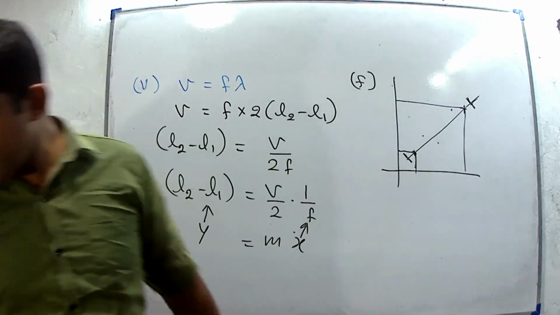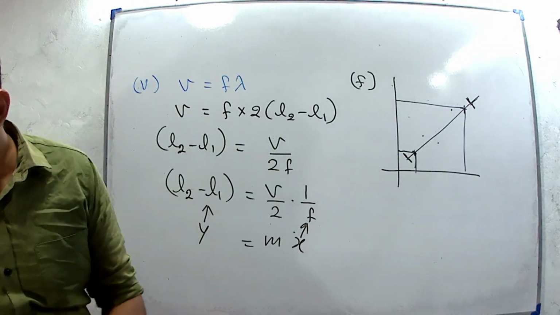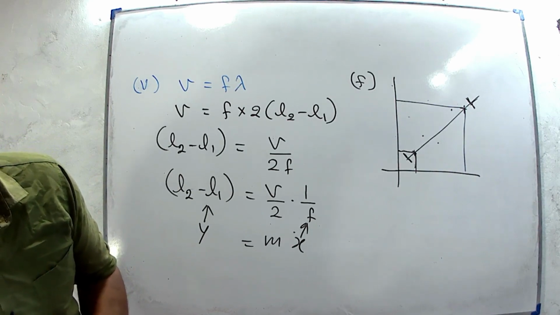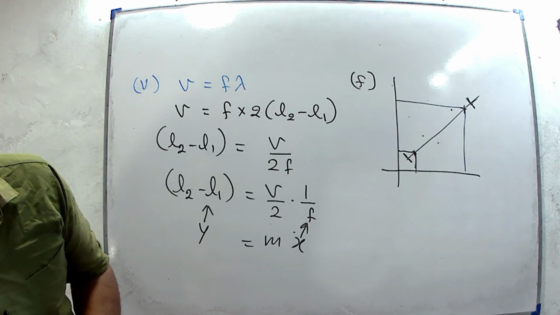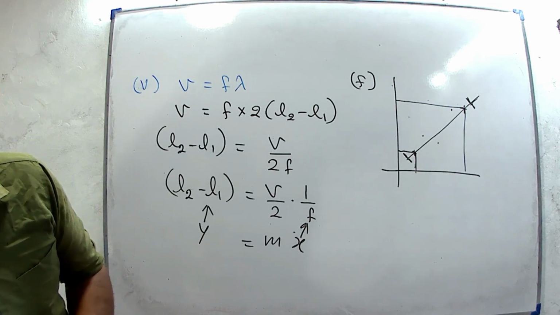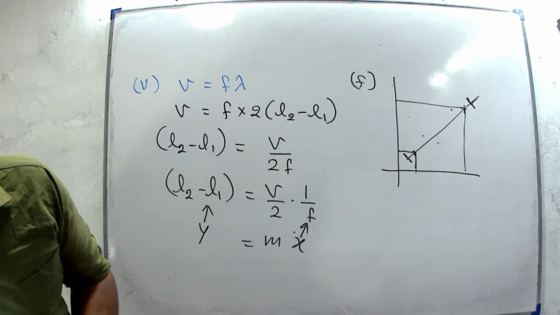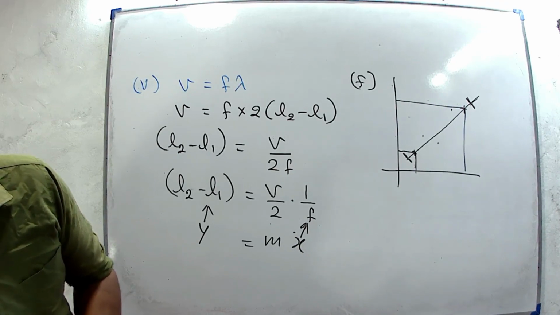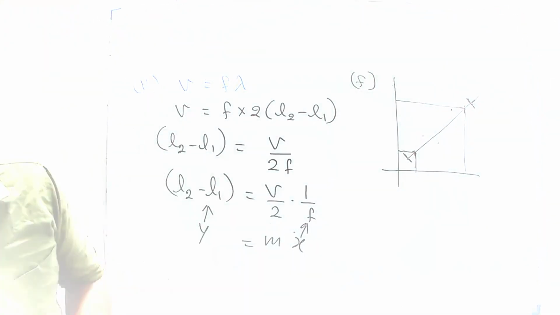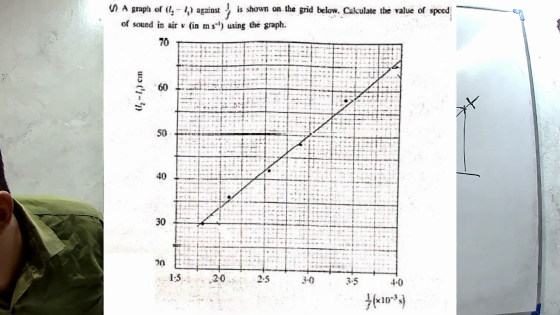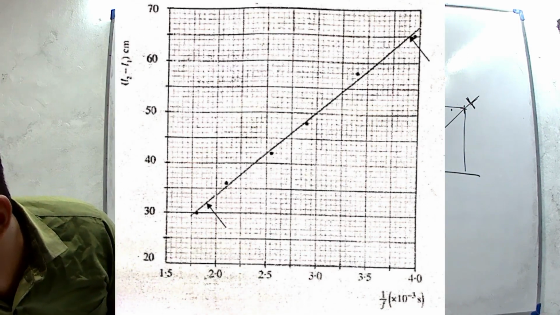Then we have to select two corresponding points. I will show the graph in the marking scheme. They have marked 2 points like this one and this one.